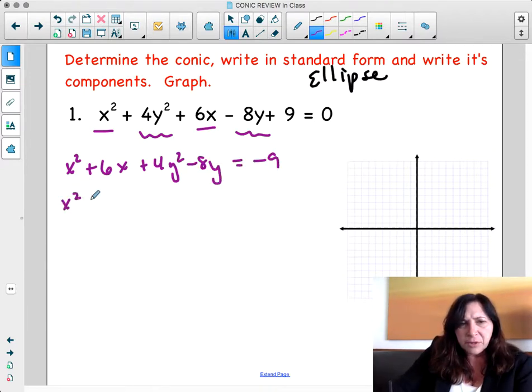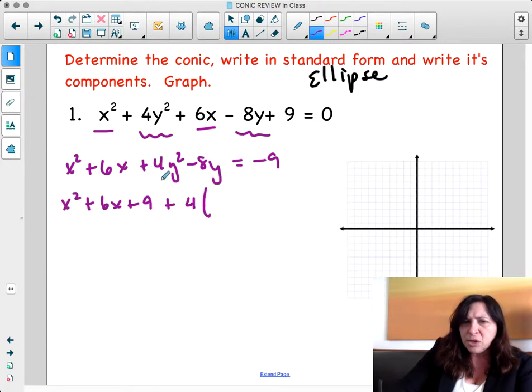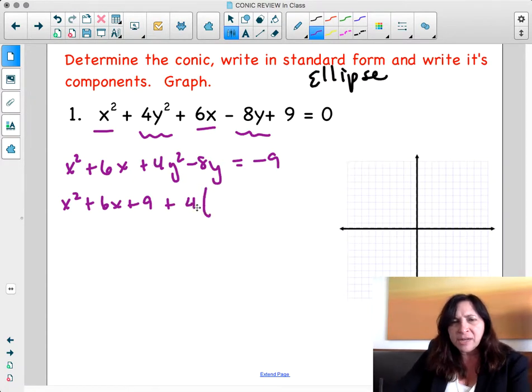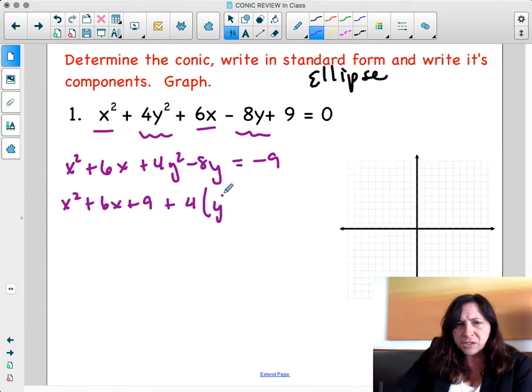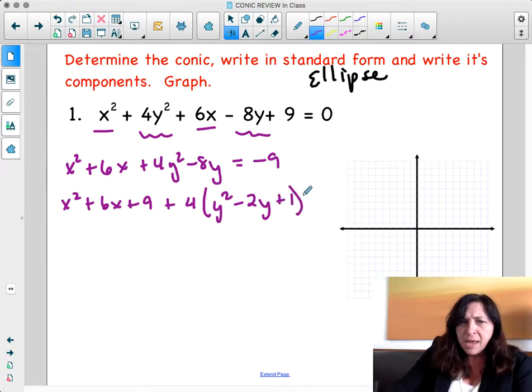So completing the square, x squared plus 6x, half of 6 is 3, 3 squared is 9. Then I'm temporarily going to factor out that 4 and put it in later. So 4 times y squared minus 2y, half of negative 2 is negative 1, square that is 1. And what I add to the right side, where I have negative 9, is what I added on the left.